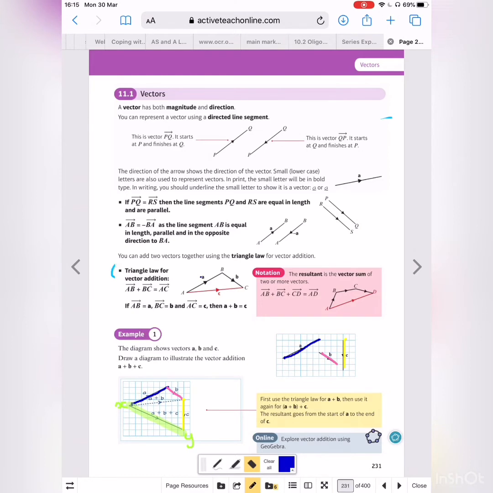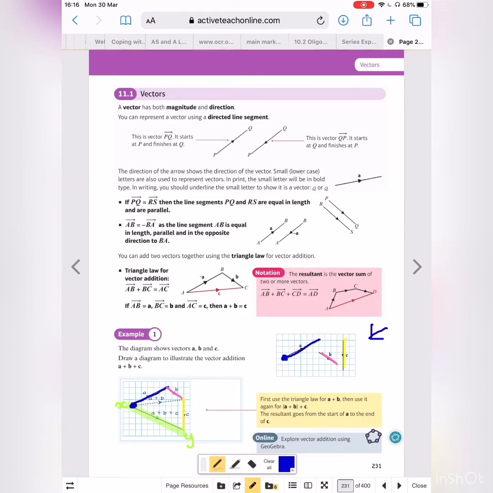So looking then at example 1. Now this is very misleading. Honestly, it's so much more simple than what it looks. All it's saying is draw these lengths or these vectors all together. So as you can see, I've just done them in different colours just so you can see. So we've started here.